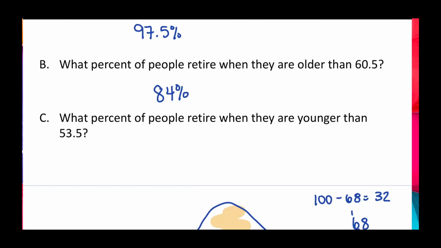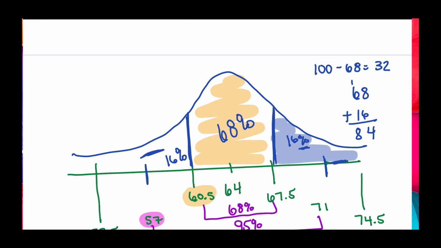Right? Another way you could do it is you could say, well, I know that this side is 68, and I know this is 16 and this is 16. So if I do 100 minus 16, so subtract this out, it would give this whole side, which is also 84.